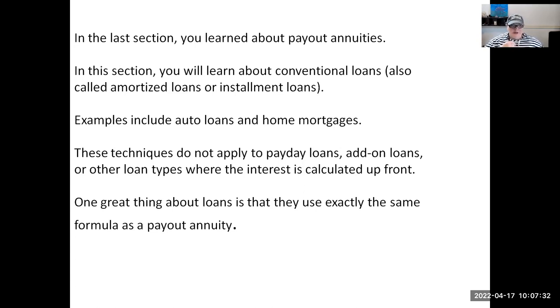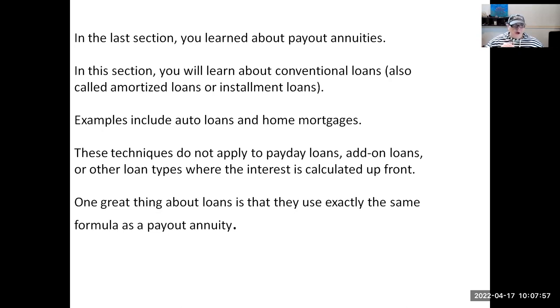That's why installment loans comes up here as well. Examples include auto loans and home mortgages. These techniques do not apply to payday loans, add-on loans, or other loan types where the interest is calculated up front. So those are the sharks, the we-buy-gold people. They've got payday loans as well.